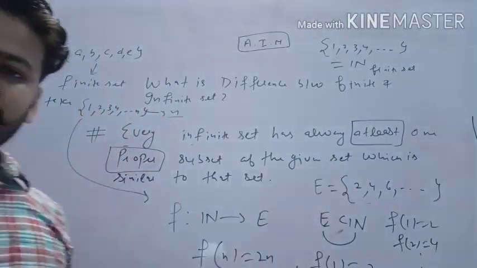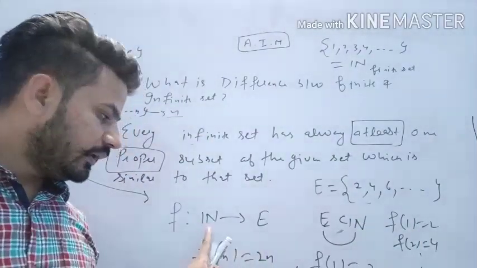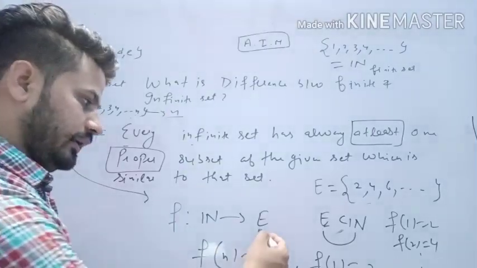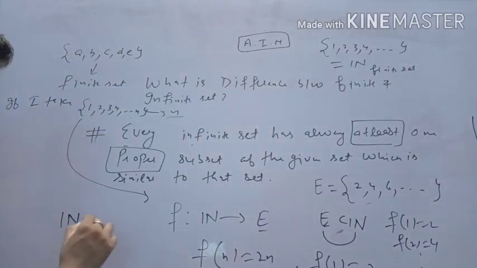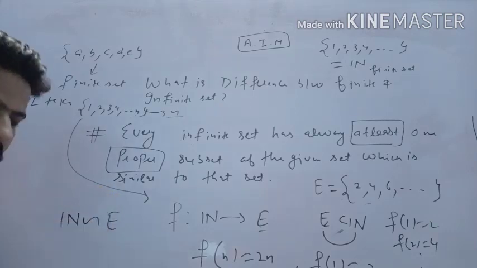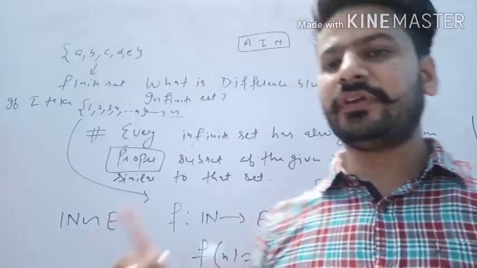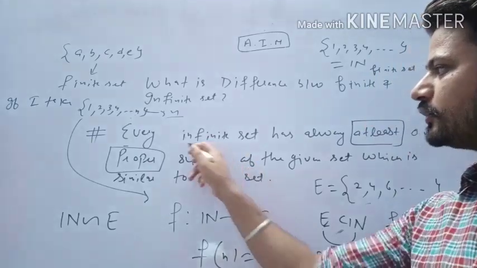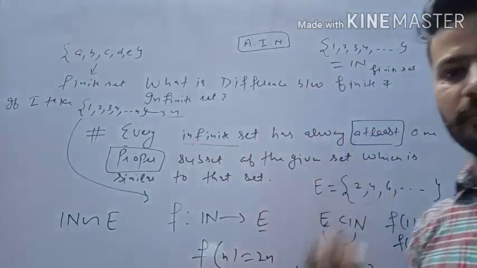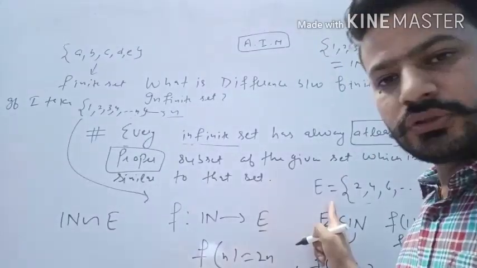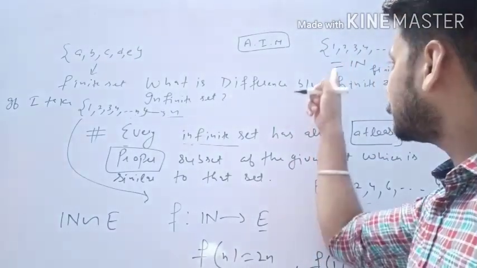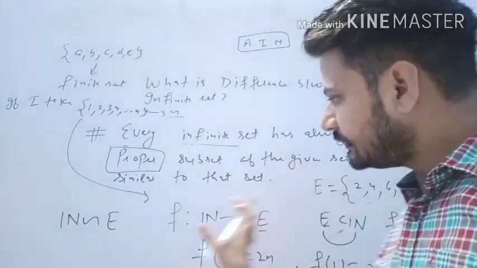So there is a 1-1 correspondence between the natural numbers and E, so we can say that the natural numbers are similar to E. So this definition is applicable in the infinite case, because the natural numbers are an infinite set and E is also infinite, a proper subset of it, and both are similar.